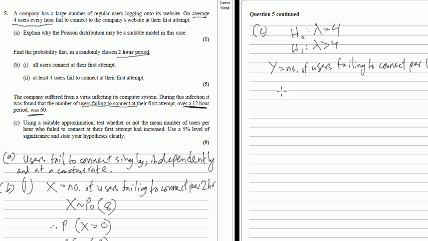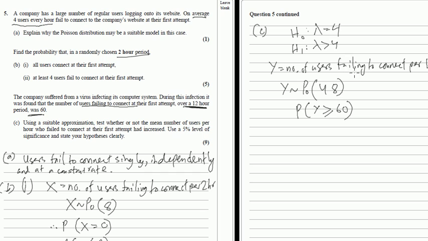That means if it's 4 every hour, then 12 hours means 4 times 12 is 48, and the random variable is 60 people failing to connect. So that means, matching with H1, the probability of y is greater than or equal to 60.